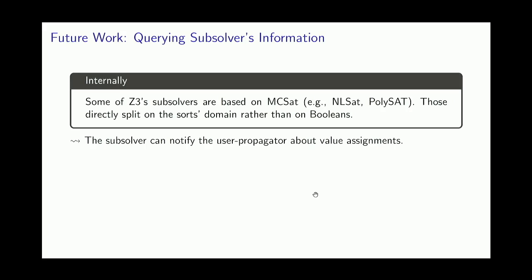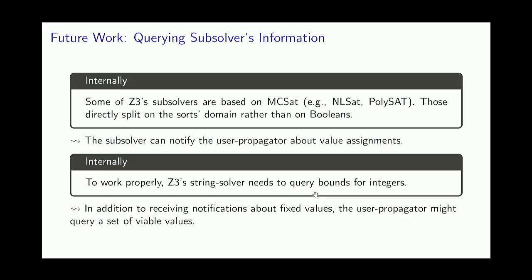Just two further comments. There are some solvers like NRSAT and PolySAT, which is currently under development, which are based on NCSAT. These kinds of solvers internally have a model for the variables, and they could, in principle, also report a fixed callback to the user propagator. And some solvers, especially the integer solver, internally have bounds for the variables.